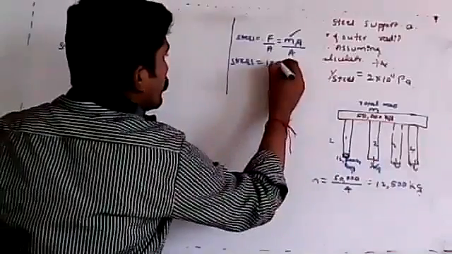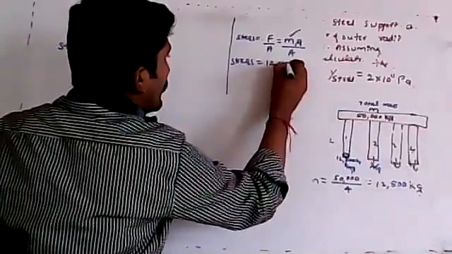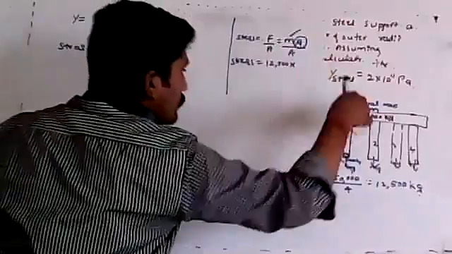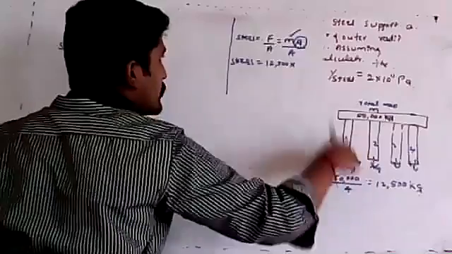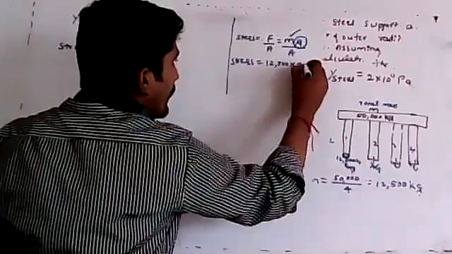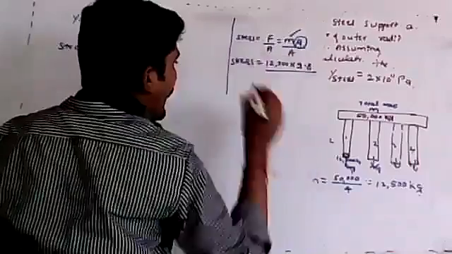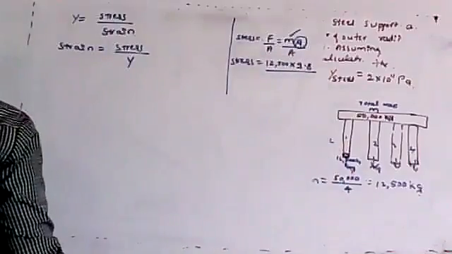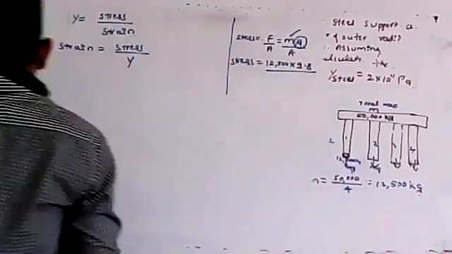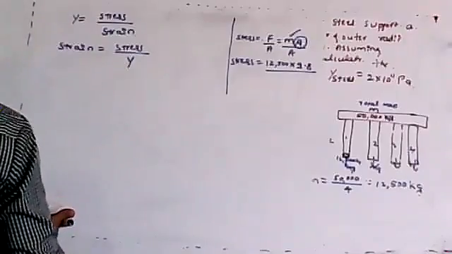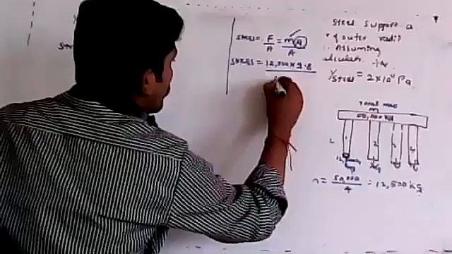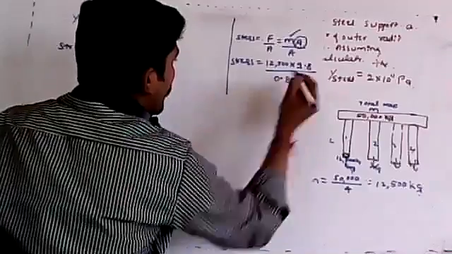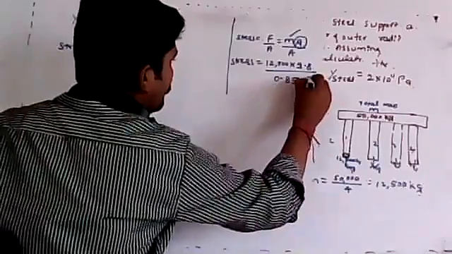So 12,500 into g value, because gravity acts in the vertical direction, so 9.8, divided by area. What is the area of this column? We already calculated the area, 85 meter square.